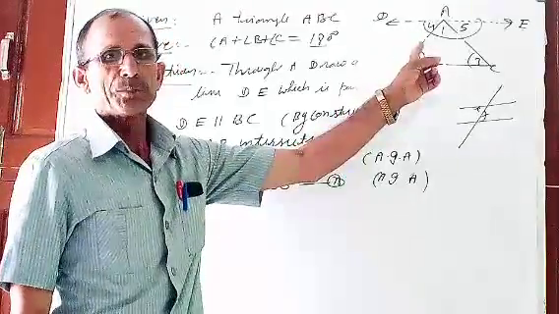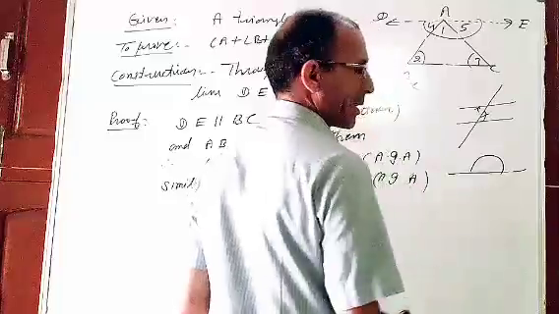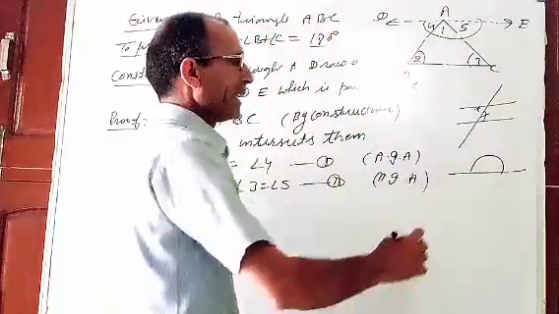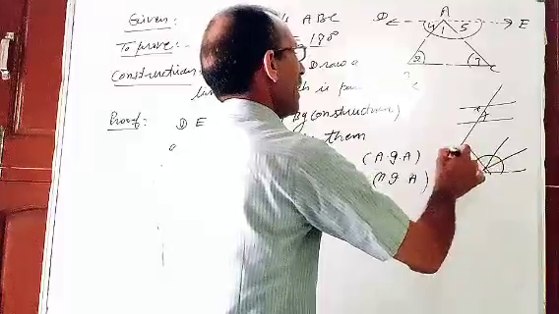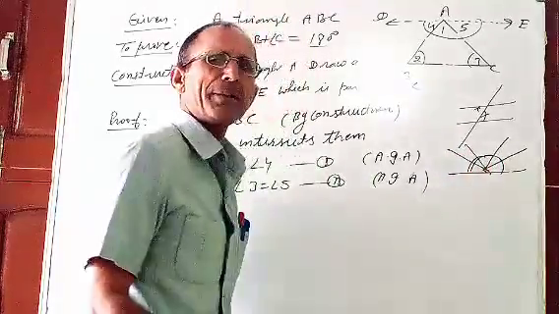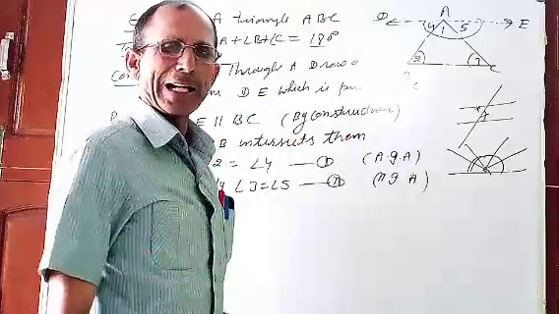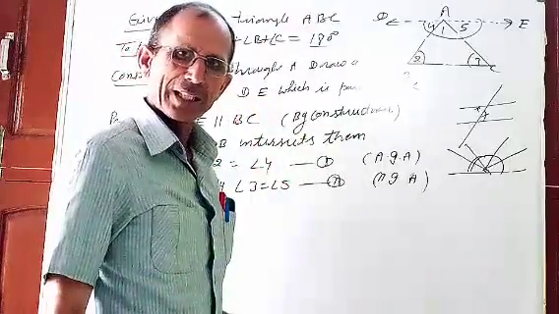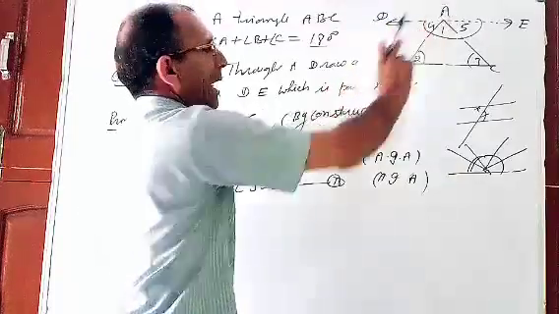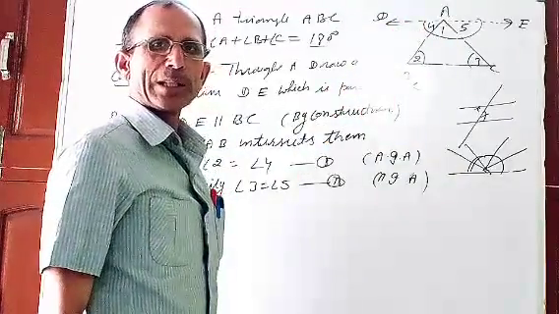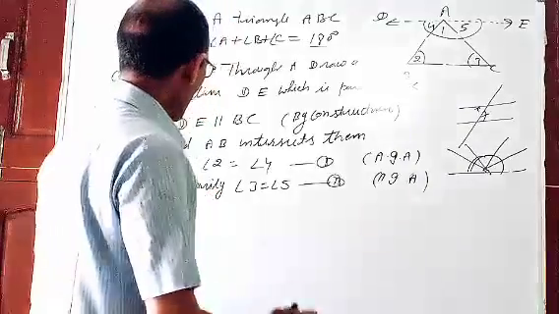Now the next rule, straight angle. The measure of a straight angle is always 180, no matter how many angles are making this straight angle. It may be 1, 2, 3, 4, no problem. If I add all the angles, their total will be 180. So angle 1, angle 4, angle 5: if I add all these three angles, their total will be 180.